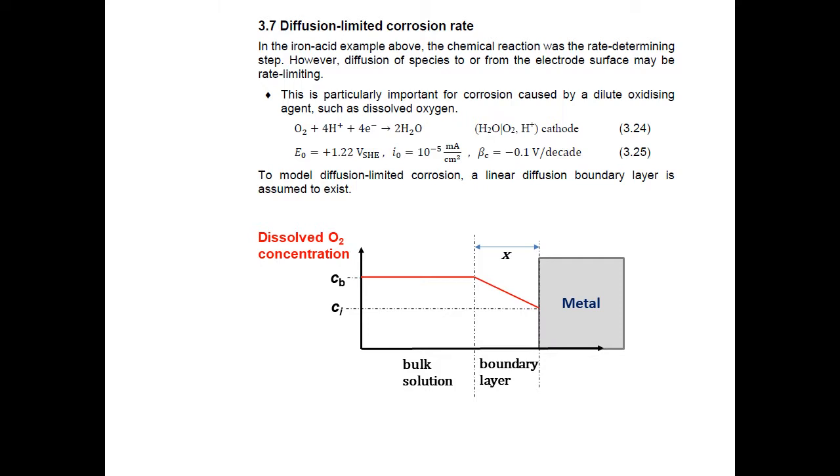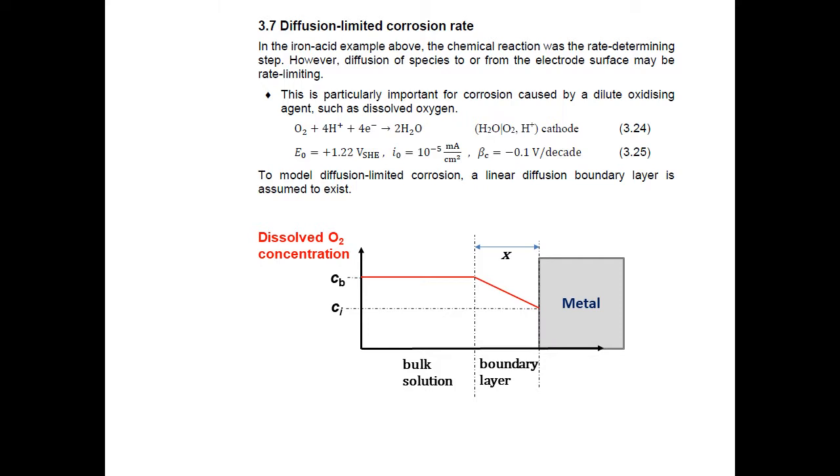Okay, to model this problem, we have to consider a sketch like this, where we have a linear diffusion boundary layer. So we imagine that we have some probably low bulk concentration of dissolved O2, Cb for C bulk, and we have a linear diffusion boundary layer of some thickness x between the bulk solution and the corroding metal surface, and the oxygen concentration at the metal surface is actually some depleted quantity Ci.